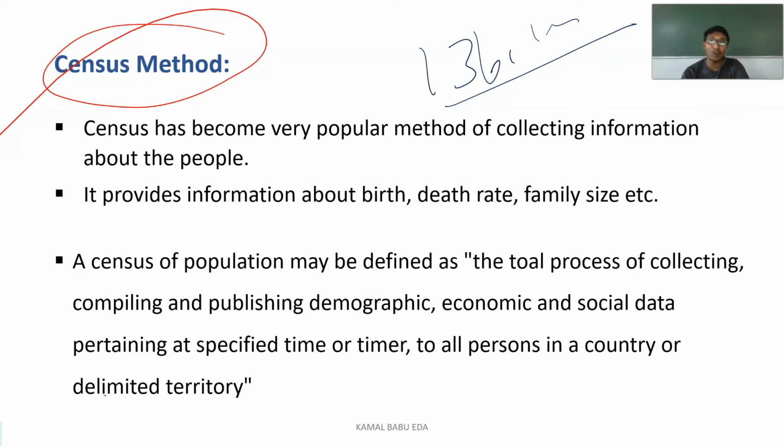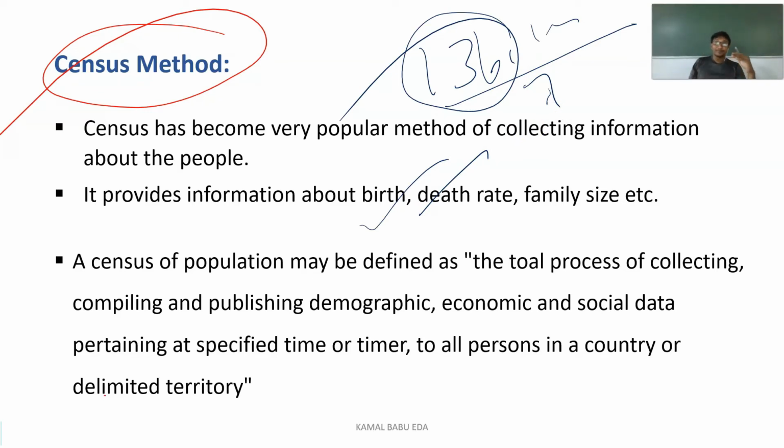For example, in this 136 billion population, you want to know the birth rate occurring daily, whether the population is maintaining its standard levels, and what the death rate is. As we have seen the demography cycle in previous classes, you have to check whether it is in a stationary phase, a high stationary phase, or a declining phase.